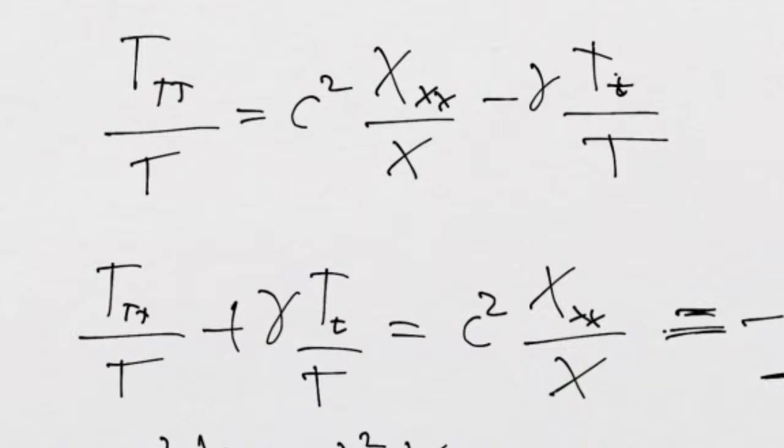So this guy you divide through by c squared, right? So we divide through by c squared. So we have lambda squared over c squared. And the solutions here are x equals a sine, I think it's lambda over c, right?